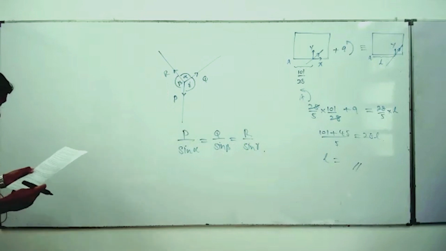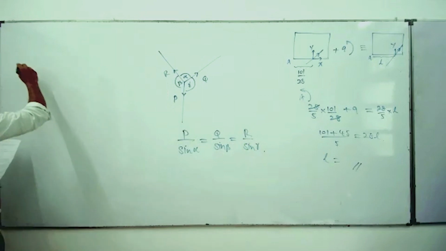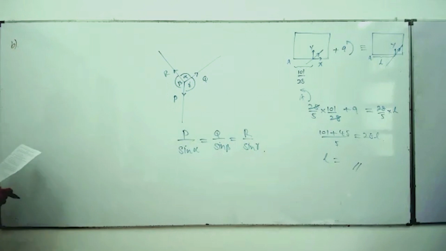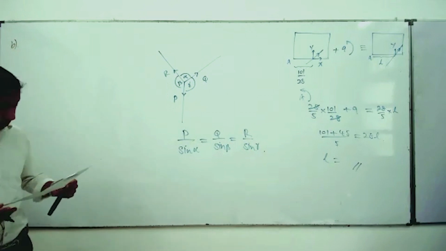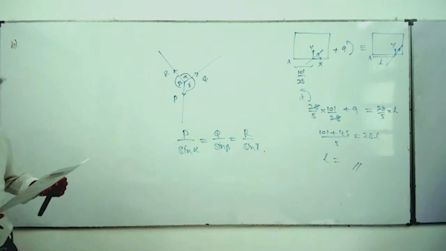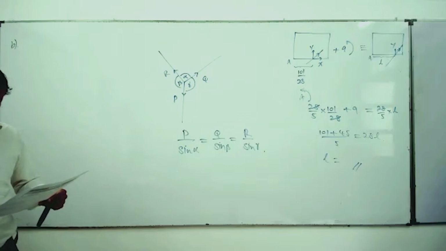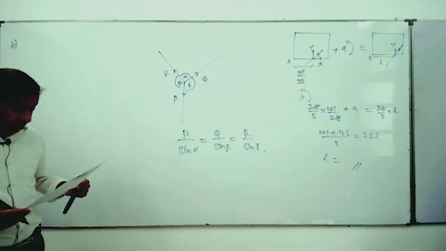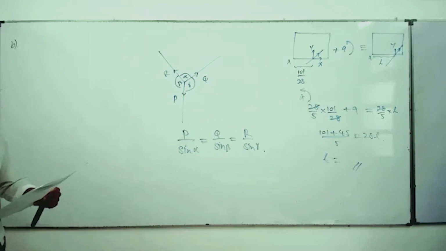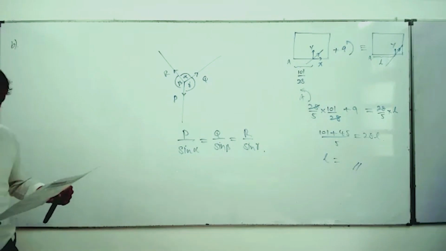Yeah, next one. ABCD is a light inextensible string. The string is tied to two fixed points A and D in the same horizontal level, and two particles of weights W1 and W2 are hanged at B and C respectively.